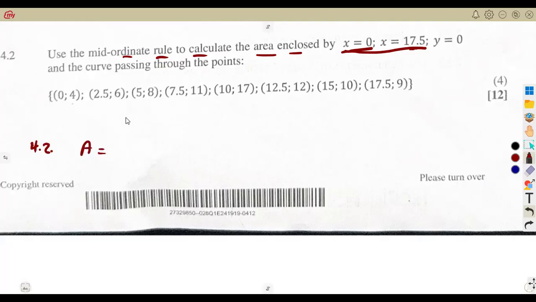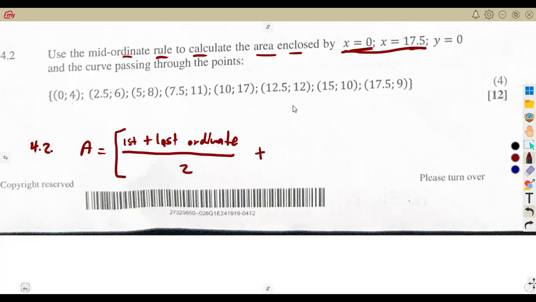Remember that your area from the formula sheet, we are going to use the first plus last ordinate, which are the values of y in this case, over 2.